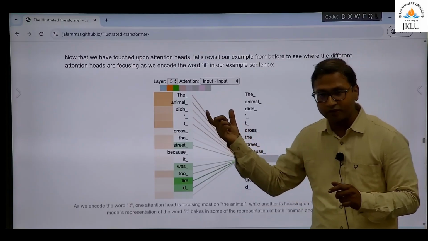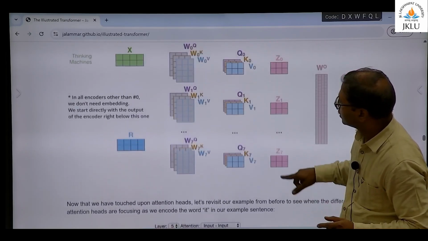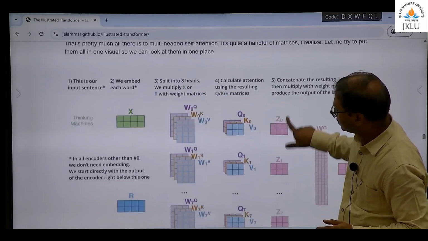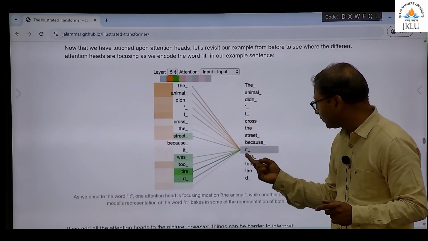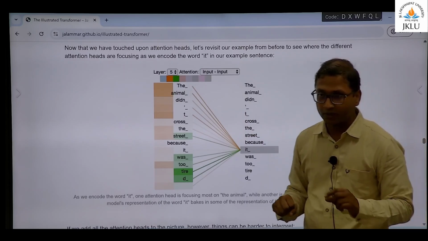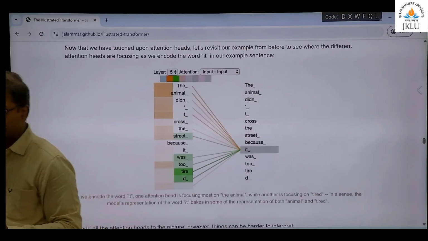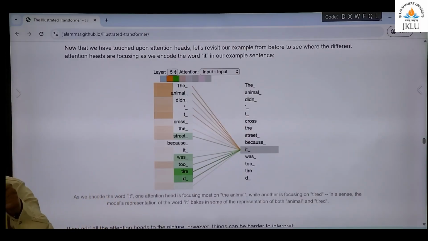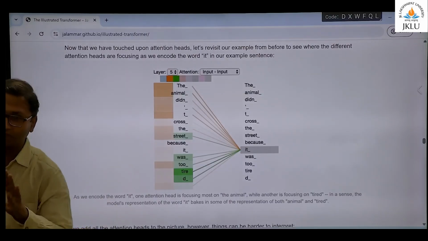So if you have this kind of statement, the animal didn't cross the street because it was too tired. Now if you are using embeddings like word2vec, each word will have some embedding. Are they fixed?